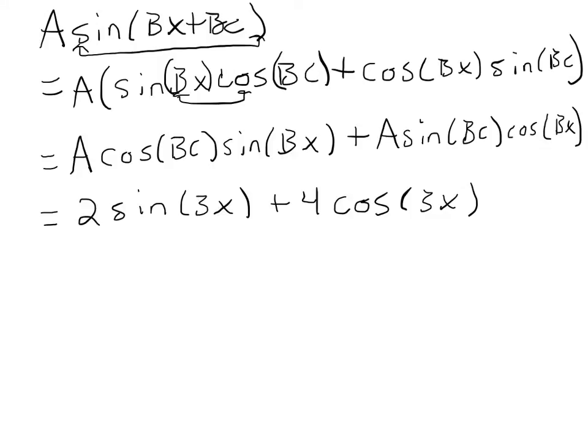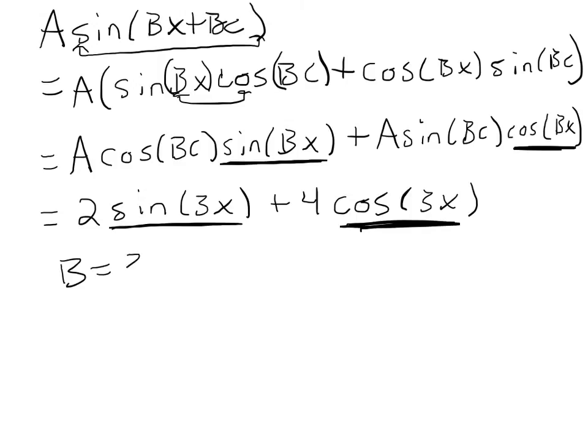If I look at the formula carefully, this sine of 3x has to be the same as this sine of bx, and this cosine of 3x has to be the same as that cosine of bx. So the only way that would be true is if b is 3, because if b was any other value, the two expressions wouldn't be the same.